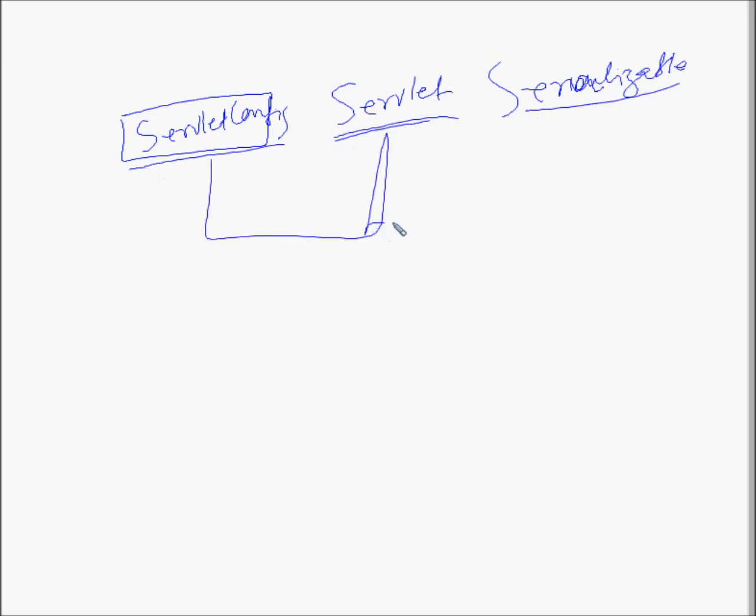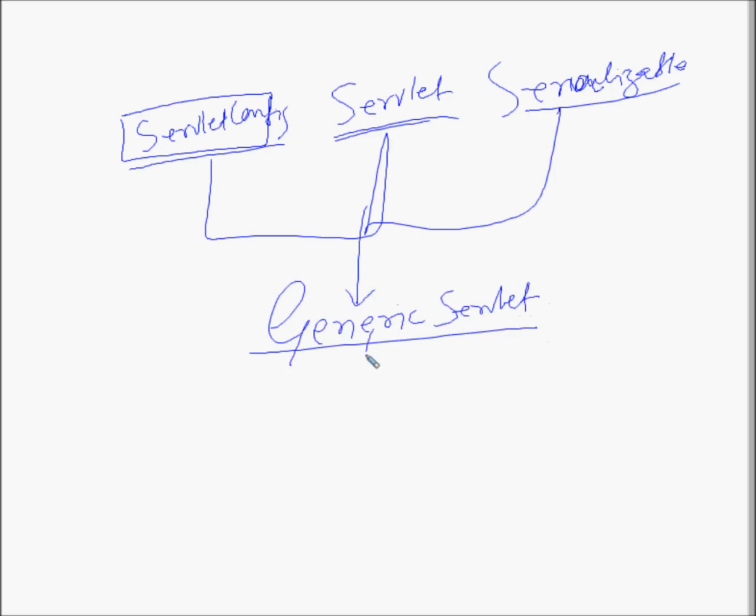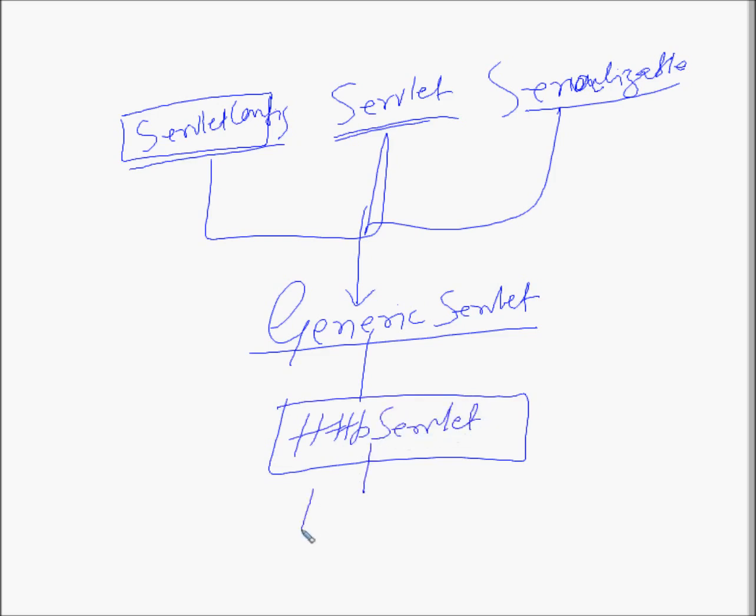From these three interfaces, one class has been created, that is called GenericServlet. Now this GenericServlet is again inherited by HttpServlet. Okay, now if you inherit this HttpServlet, you have your servlet.